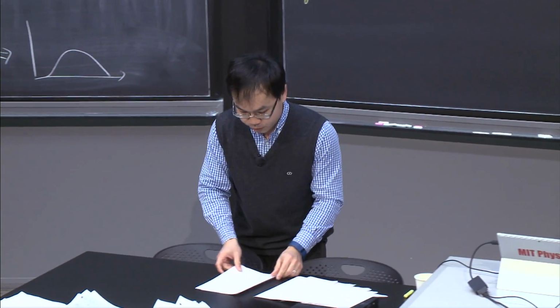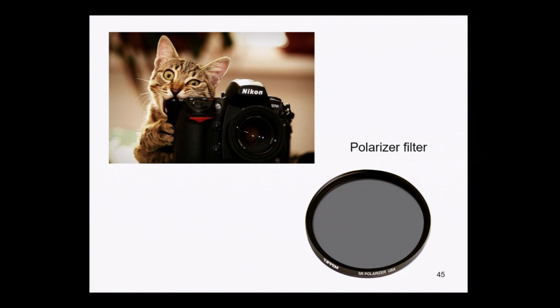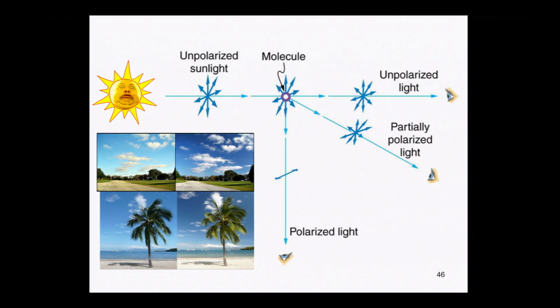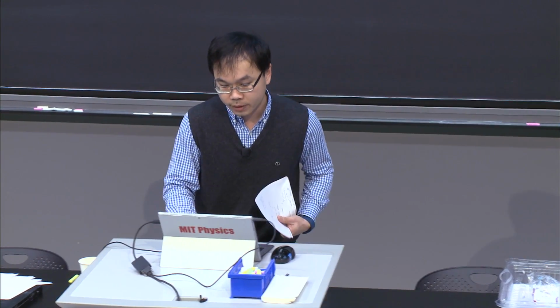And when we went ahead, given all the knowledge we have learned, we discussed how to take very beautiful photos using a polarizer filter, and how to filter out the scattered light from the sun. It would be nice to figure out why this is the case, how these polarized, scattered lights are created. It's purely geometrical.